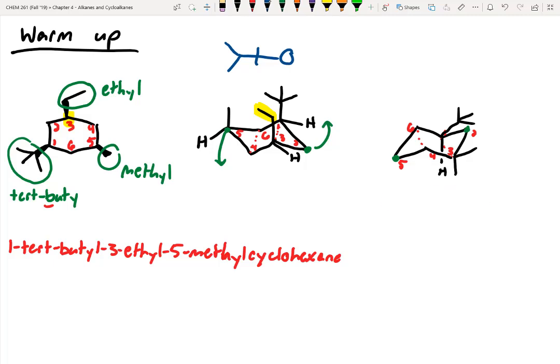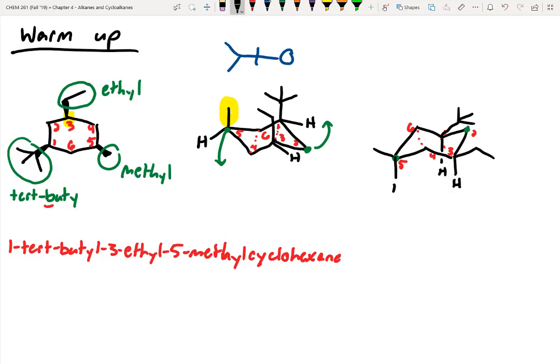Equatorial. So that ethyl group is now equatorial and the hydrogen must be axial. And then carbon 5. Again, we have axial and equatorial. We can go back to our original structure and say, in carbon 5, this methyl group was axial, which means off of carbon 5 in our second structure, it should be where?